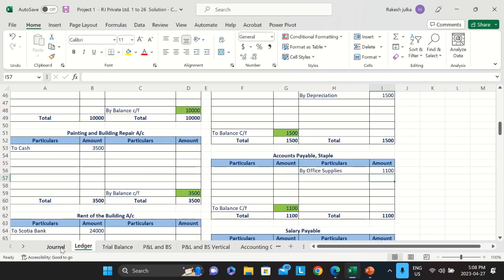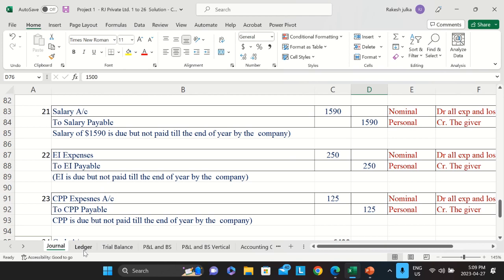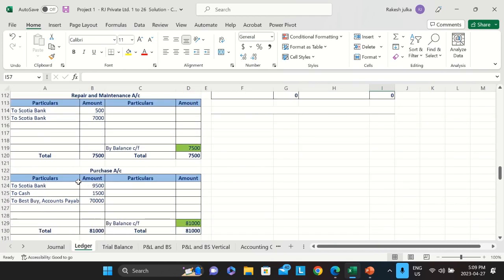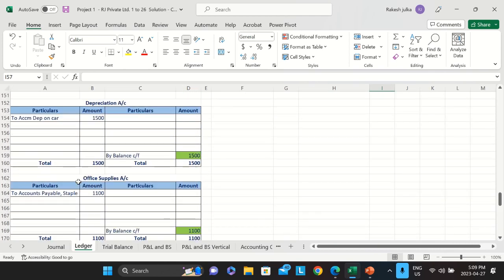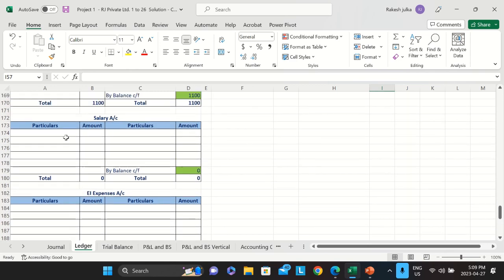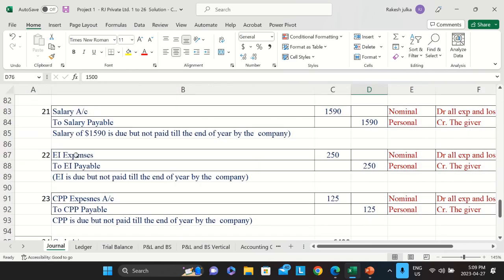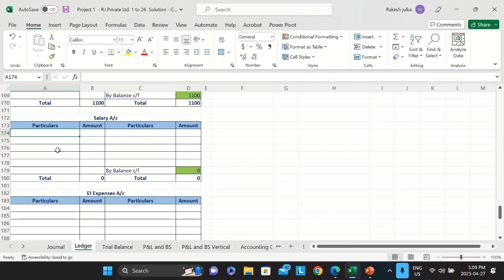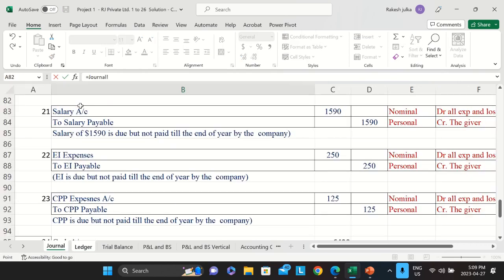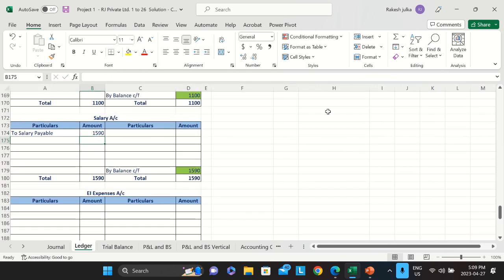The next one is salary account debit to salary payable. Salary, the expenditure of the company, will be on the debit side here. Salary account debit to salary payable, due but not paid, right? Here is the equal to sign, and this is the amount that we have here.